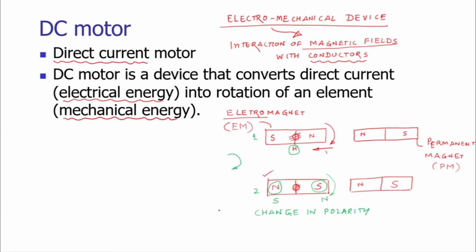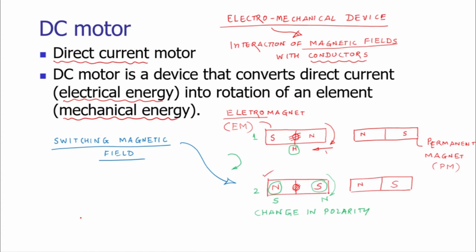Thus, the crucial factor in the electric motor is switching magnetic field, generation of switching magnetic field. So as you have seen, the switching magnetic field is responsible for rotation of this element about the point H.